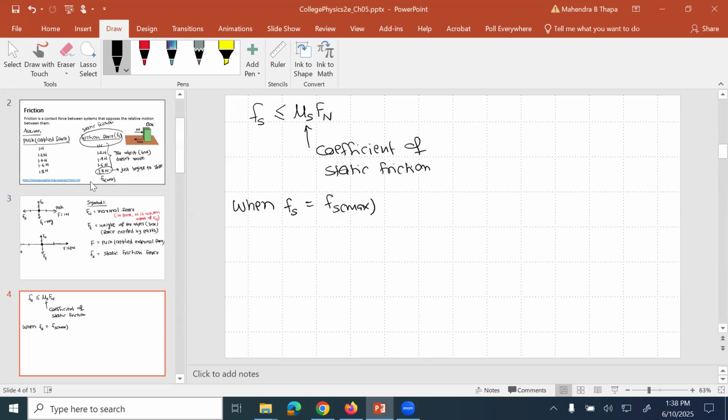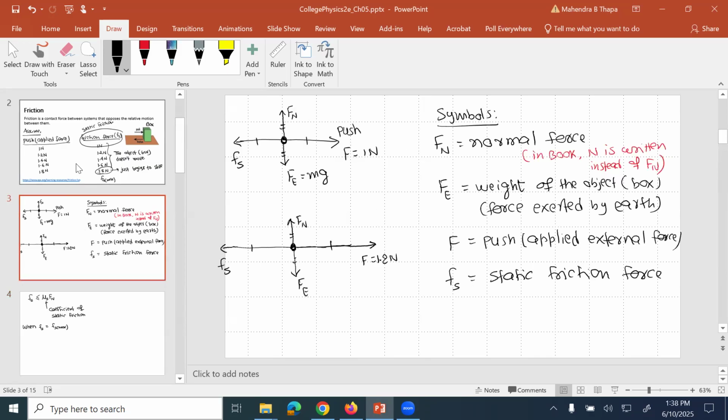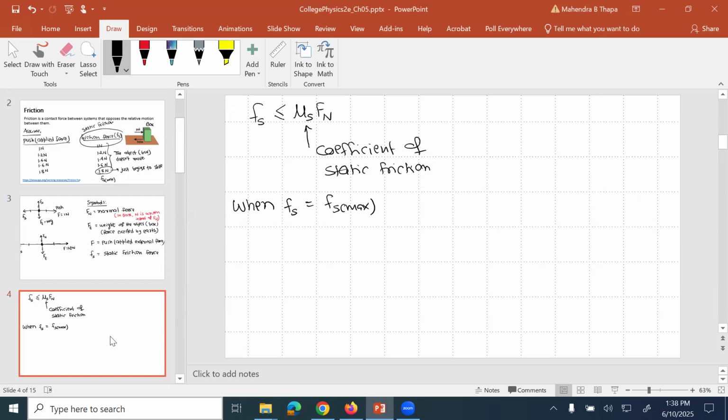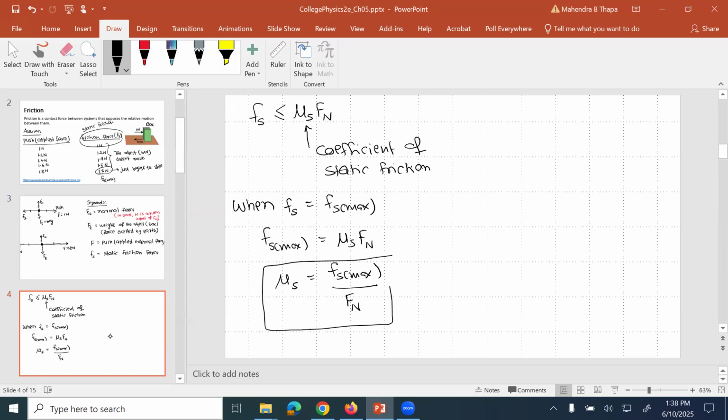In our example, Fs max is 1.8 here. So under this situation, I can write Fs max equals mu s times Fn. So mu s can be written as Fs max over Fn. This is called the coefficient of static friction.